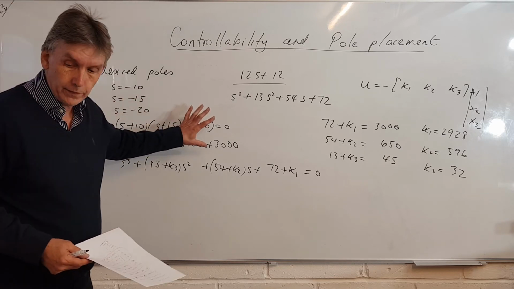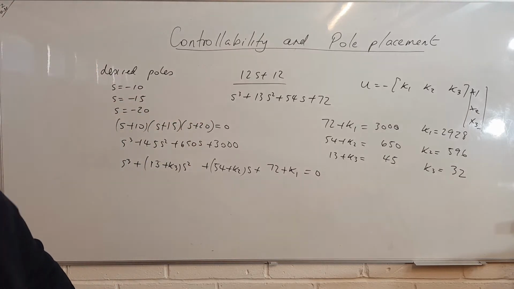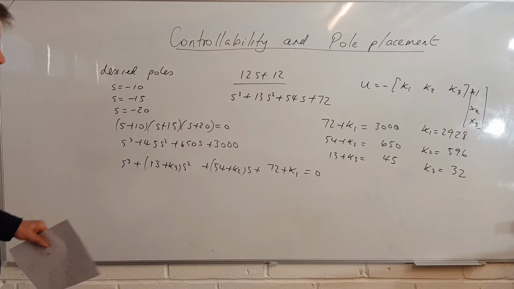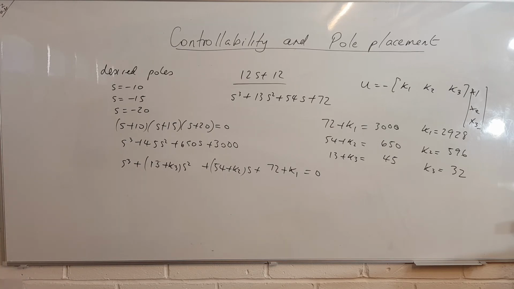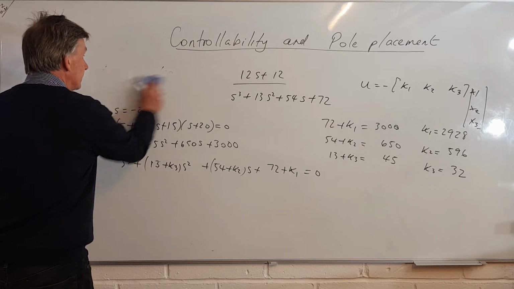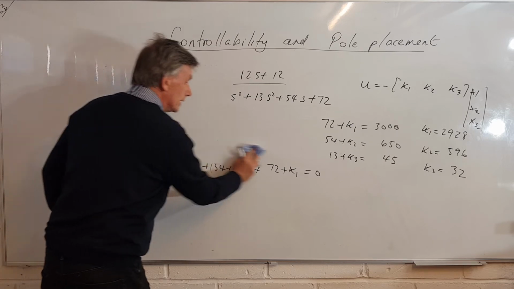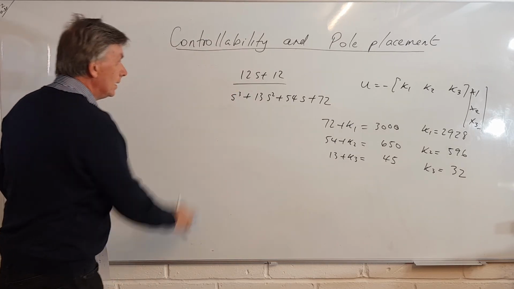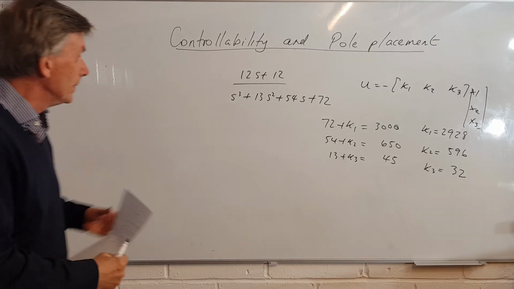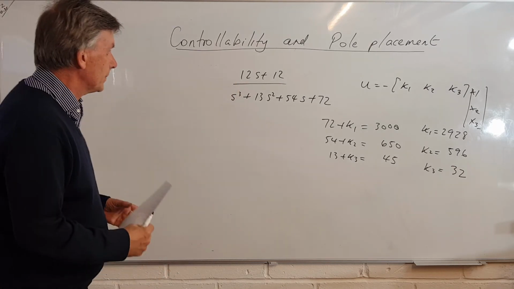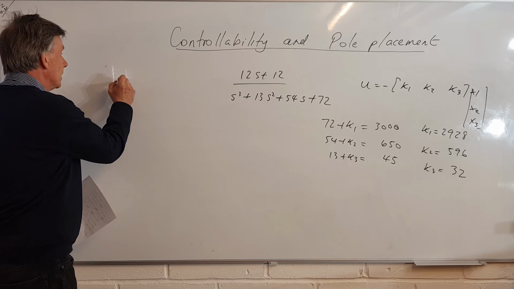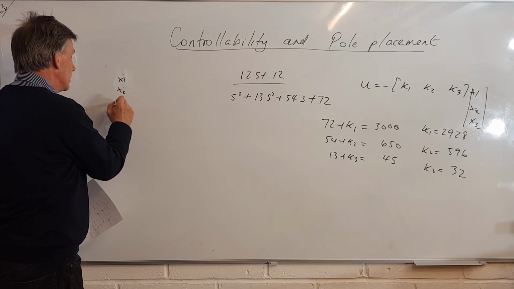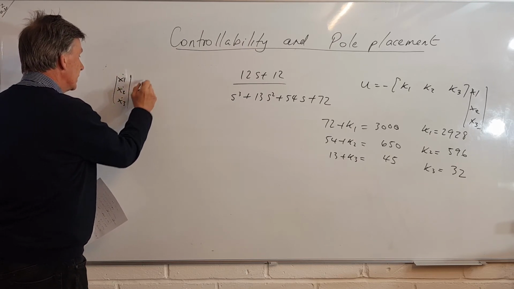Now again, if you wanted to, you could check this solution in MATLAB. So I'll just show you how to check the solution in MATLAB, because it is quite a simple little check. The first thing we've got to do is work out the state space equations for these. So we're going to have x1 dot, x2 dot, x3 dot, and we'll do it in companion form.